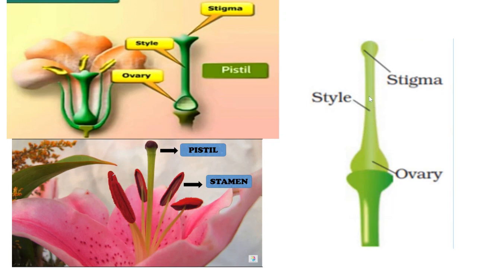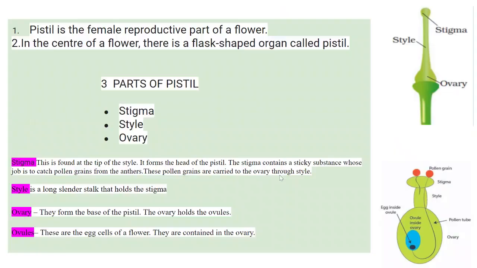This pistil is the female reproductive part of the flower. Okay. And again, pistil has three parts, children. The topmost part is known as stigma. Then there is the stalk-like structure known as style, and a swollen end known as ovary.